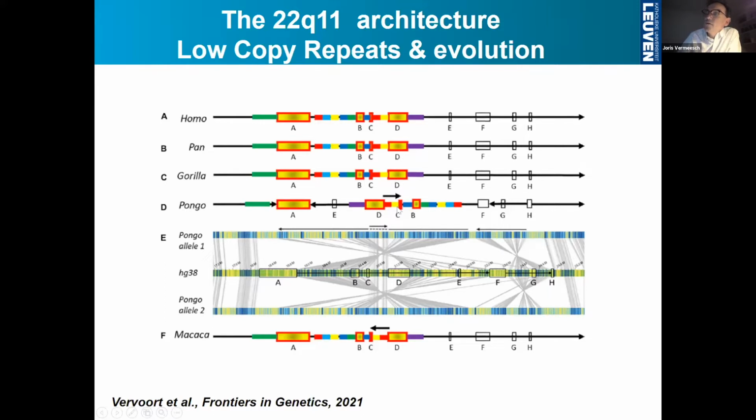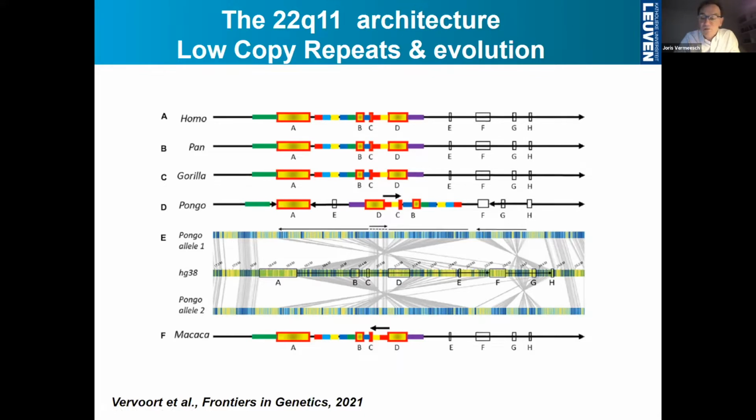So in the orangutan, we see quite substantial rearrangements, and in the macaque, we see more or less the structure as in human, except that there is an inversion between the C and the D blocks. So that's the overall broader overview of the 22q11 region.